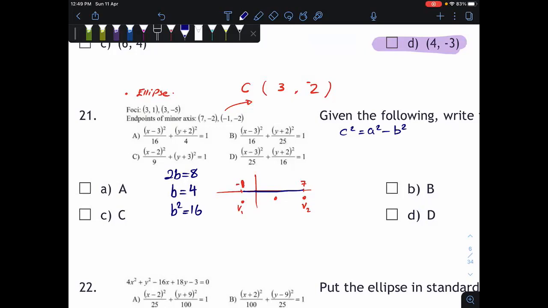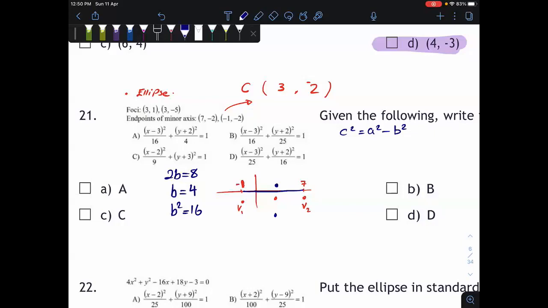The foci given are (3, 1) and (3, -5), and 3 here is the center's x-coordinate, and we moved up 1 unit. This is the first point, (3, 1), and the second is (3, -5). What's the distance between these two points?